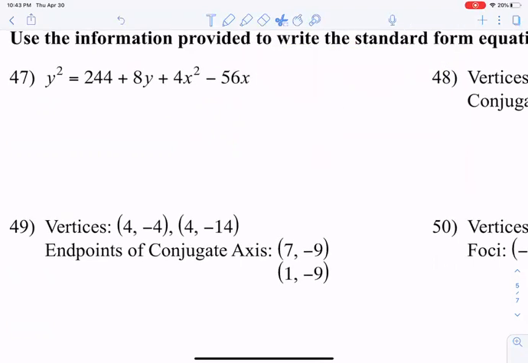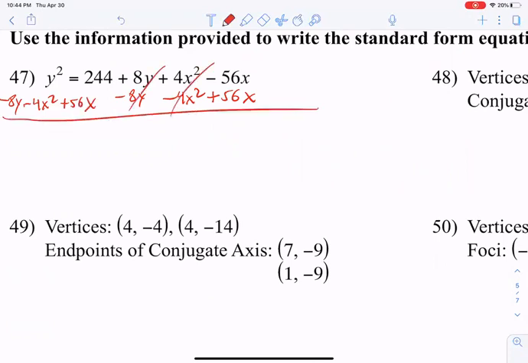So here we need to basically complete the square, right? I have to subtract negative 4x squared, add 56x, and subtract negative 8y on both sides. So if we do that, we cancel this, we cancel that. So we have y squared minus 8y minus 4x squared plus 56x equals 244.